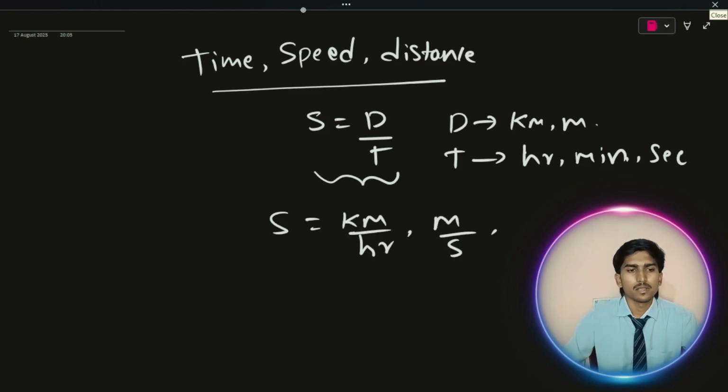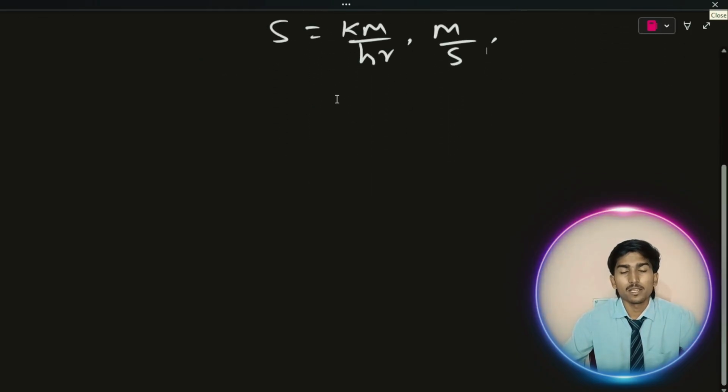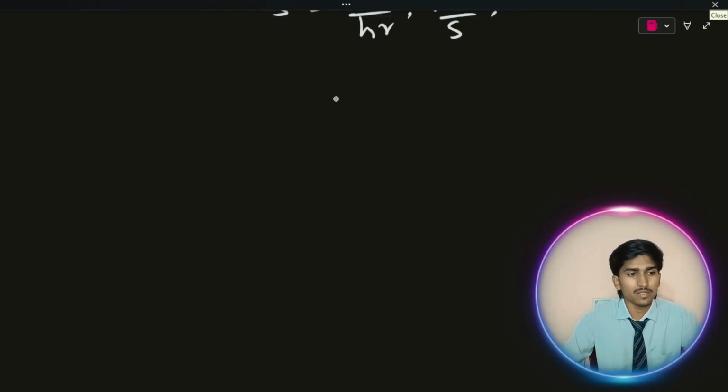Okay, if you see the problems, the units should always be synchronized. For example, the problem is asked with respect to kilometer per hour. They have given speed is equal to 30 kilometer per hour, and the answer they're asking is with respect to meter per second.